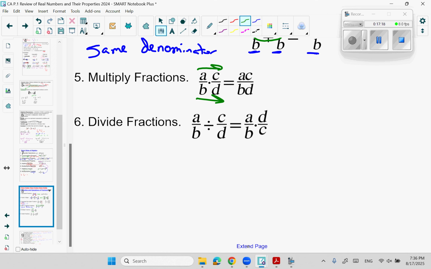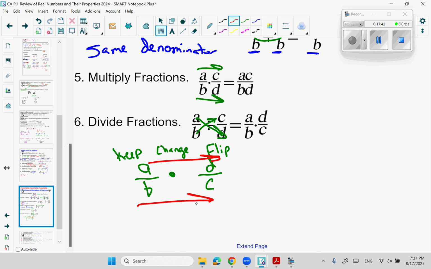Dividing by fractions, you can either think about it as this diagonal multiplication, or keep your first one, change your division into a multiplication sign, and then you flip the third fraction. And then you're just multiplying fractions, so then you just go straight across. Kind of the common way of doing those.